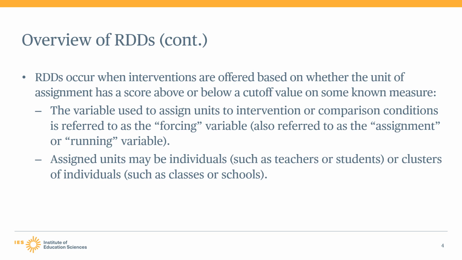Or, in a cluster assignment RDD study, schools might be awarded a grant if they score above a cutoff value on some application score. Thus, assigned units in an RDD could be individuals or clusters of individuals.